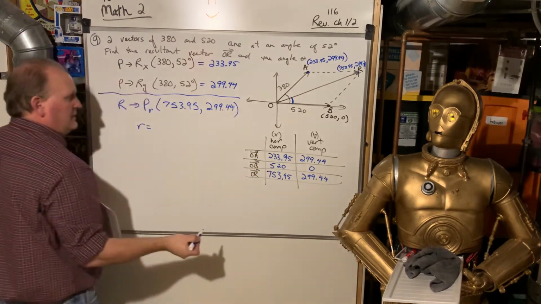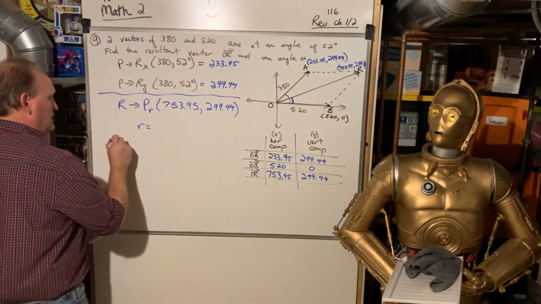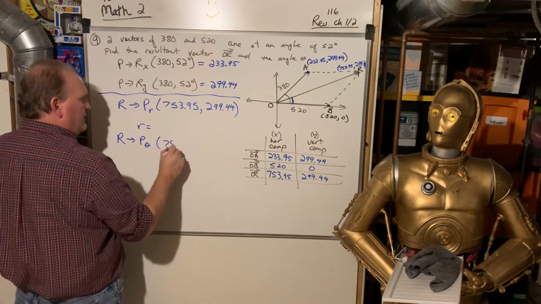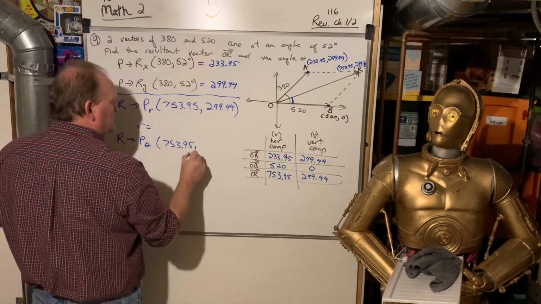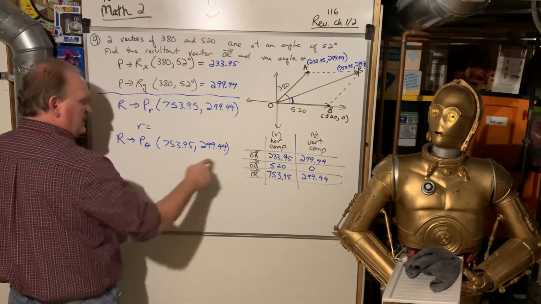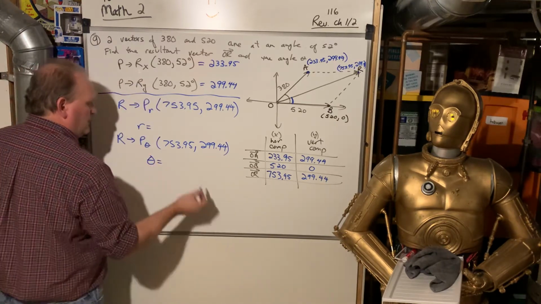That'll kick out our r. Then rectangular to polar theta, and again we use the rectangular coordinate, and I'll show you a neat little trick so you don't have to type these big numbers twice, and we'll find theta.